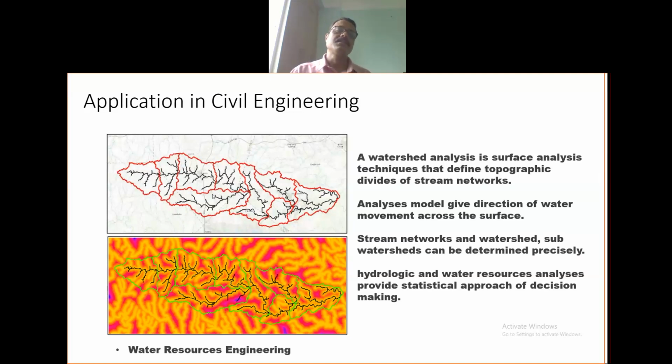It may so happen that this part may fall in a different country, and the middle part may fall in a different country. But if the upper country doesn't share this information with the other parts, the people or the governments which are part of this basin will have real difficulty in understanding the flood in the river, and at the same time when the water will go down.